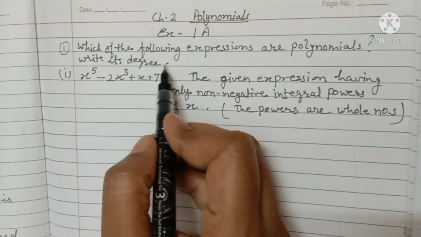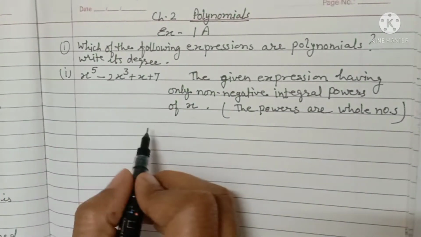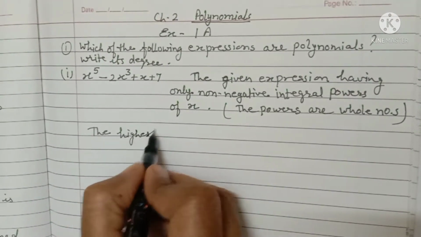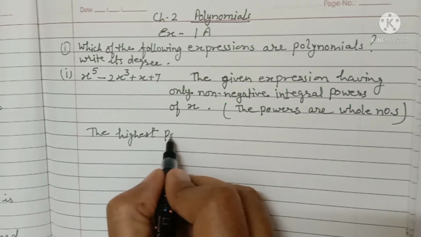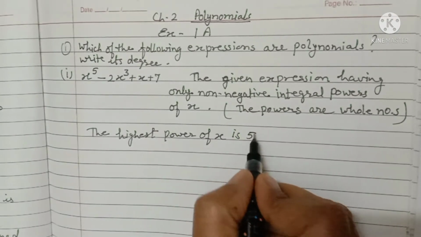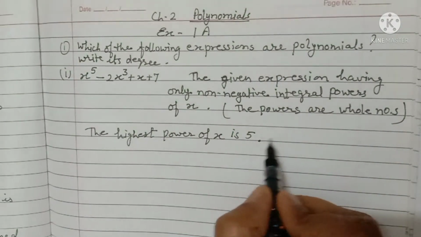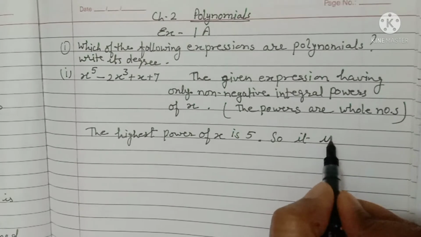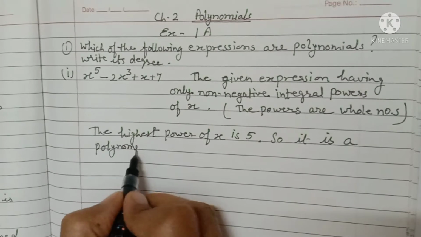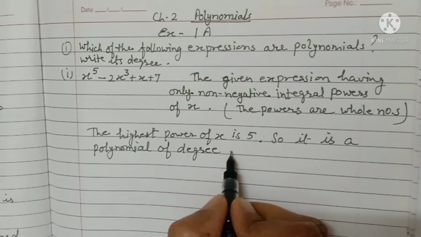This is also in the question. The highest power of x is 5, so it is a polynomial of degree 5.